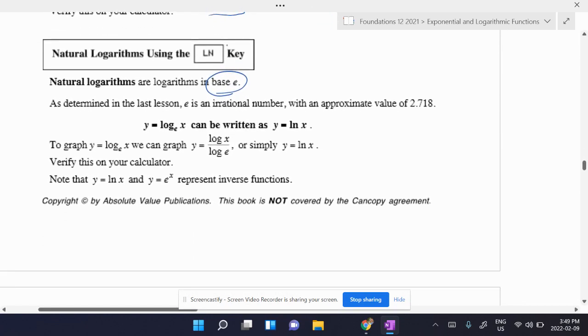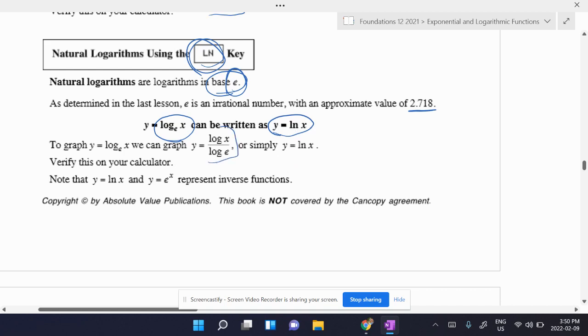Now, ln is a natural logarithm. It has a base of e, which is that special number that we learned about, 2.718 and so on. So log base e of x is written like this, the natural logarithm of x.